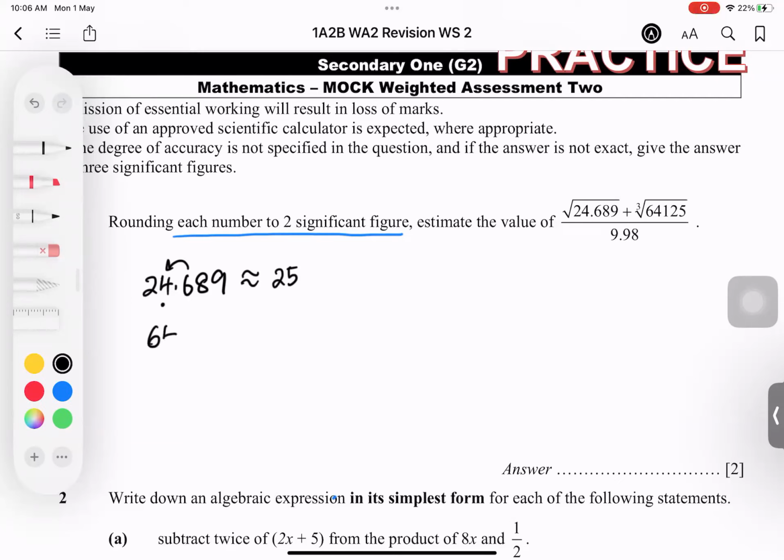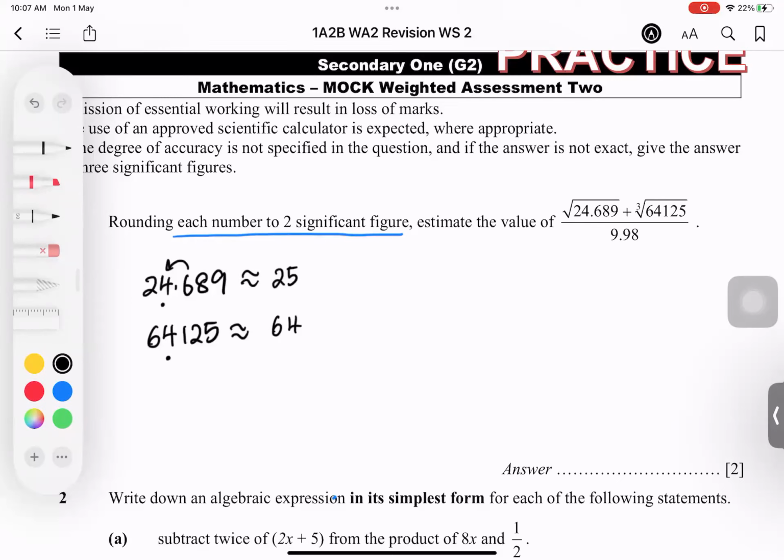Next person, 64125. Elvina, round this off to 2 significant figures. First, second, round up or round down? Round down. Round down becomes? 64, but this is 64,000.